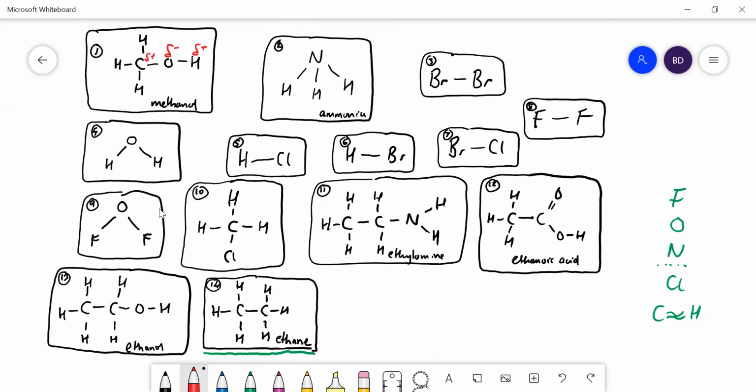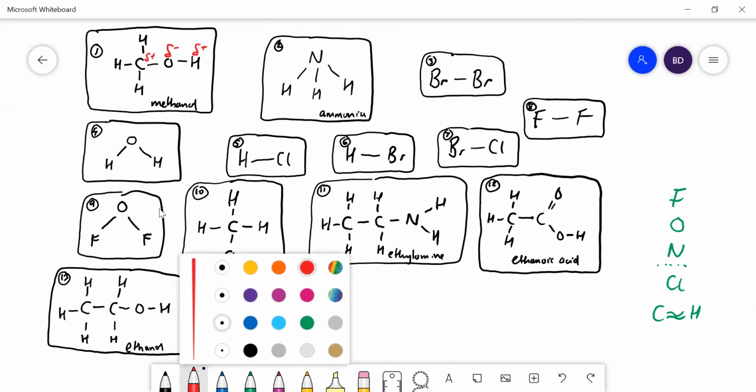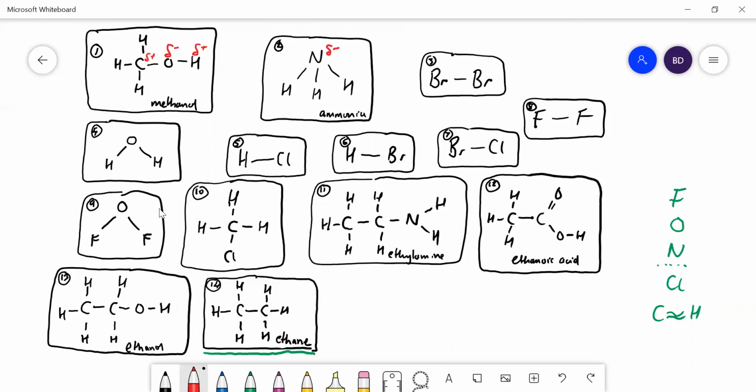Okay, so I'm presuming you've paused it. Let's have a look at what's going on. Number 2, nitrogen is very electronegative. This is ammonia, so that is going to be delta minus. It's going to be very uneven sharing of the electrons in this molecule.